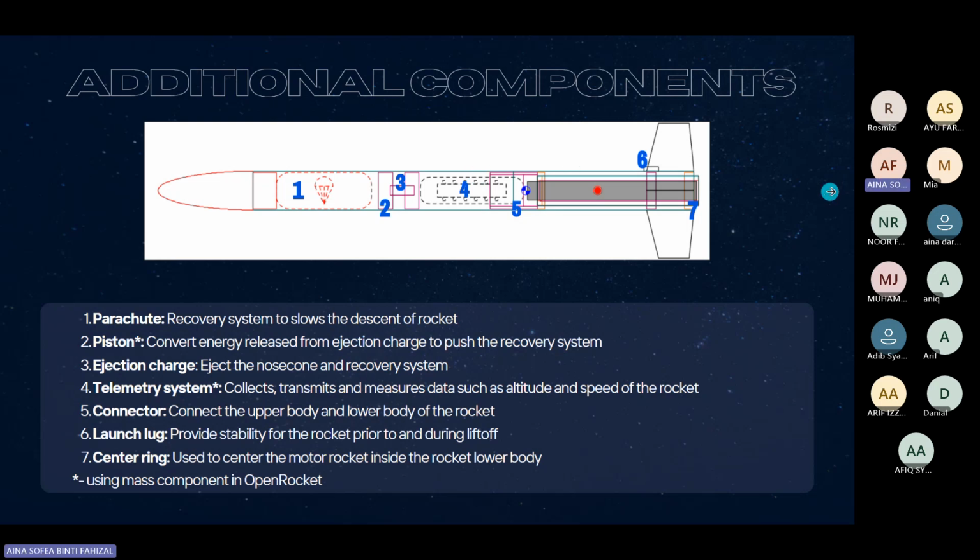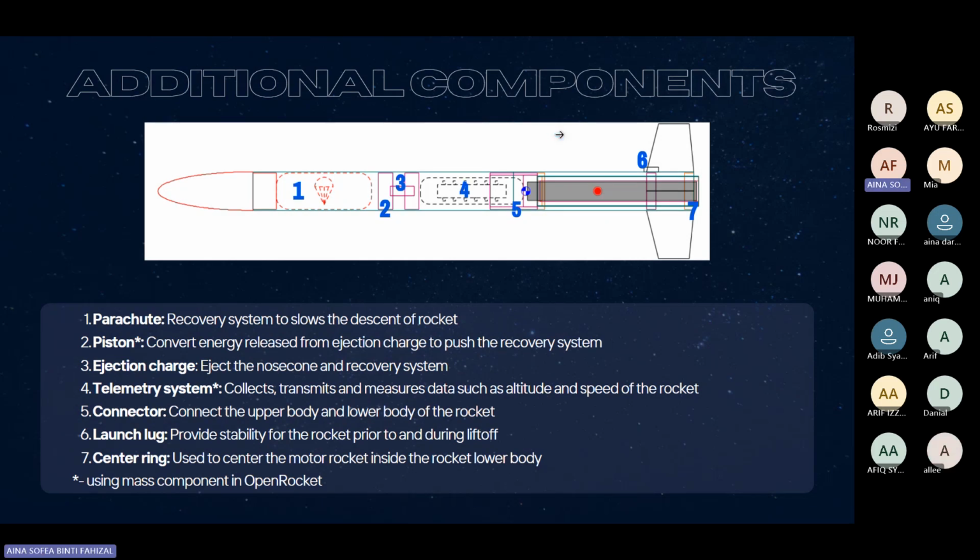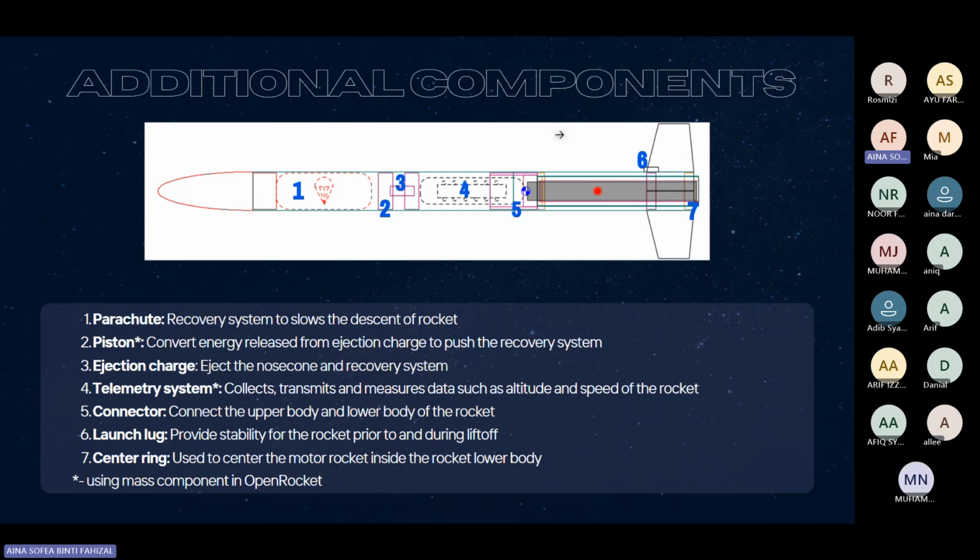Basically, these are the very general components in a model rocket. First we have the parachute. Obviously the parachute is a recovery system. It is to slow down the descent of the rocket.